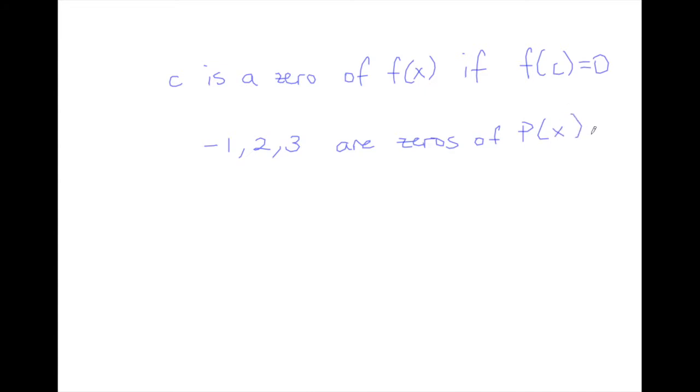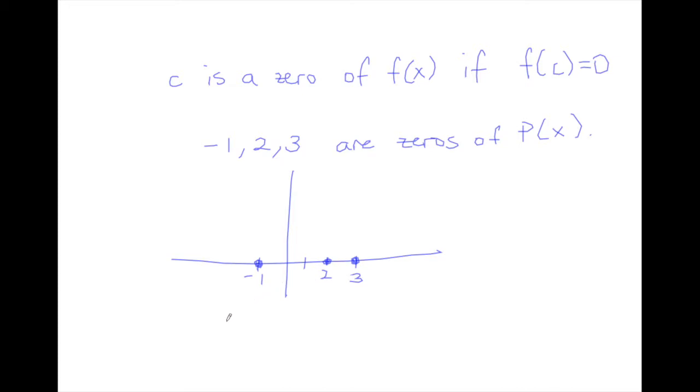And these zeros actually have a y-coordinate of 0 if we're trying to graph our polynomial. So if we're trying to graph our polynomial, these would appear as x-intercepts. So we would be using these points as our x-intercepts.